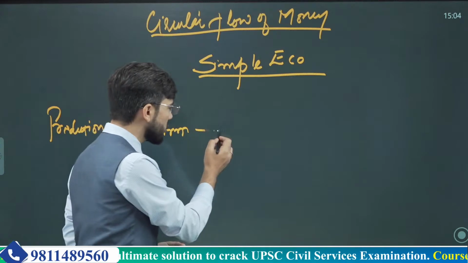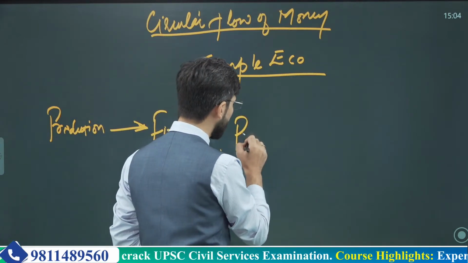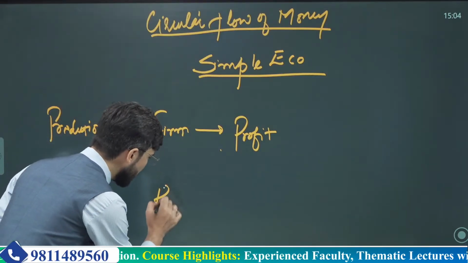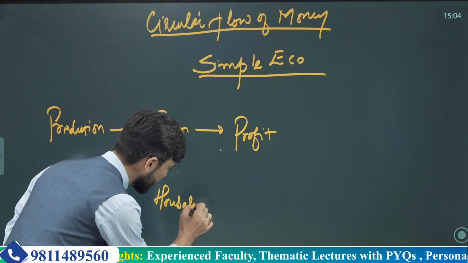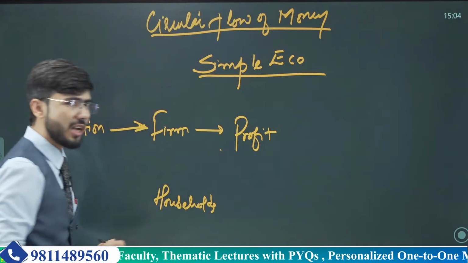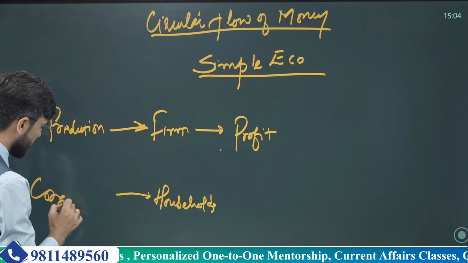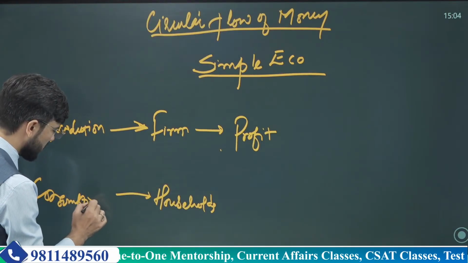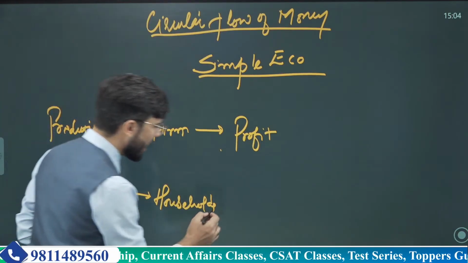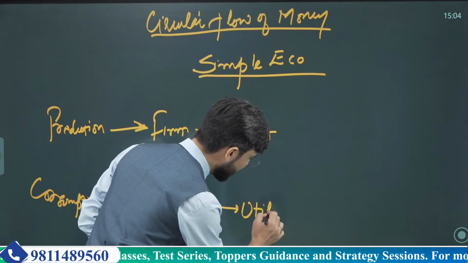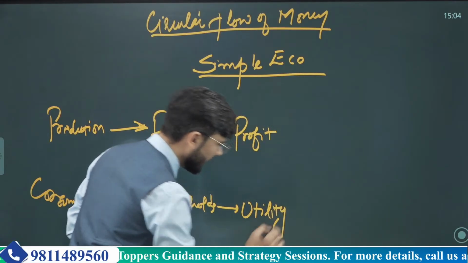They produce only to earn profit, and the consumers or the households, these households, they consume. They consume, and they are consuming for what? In order to satisfy their utility.